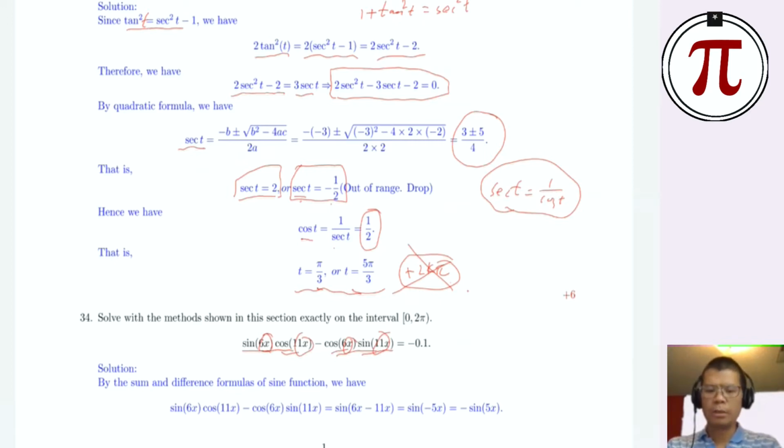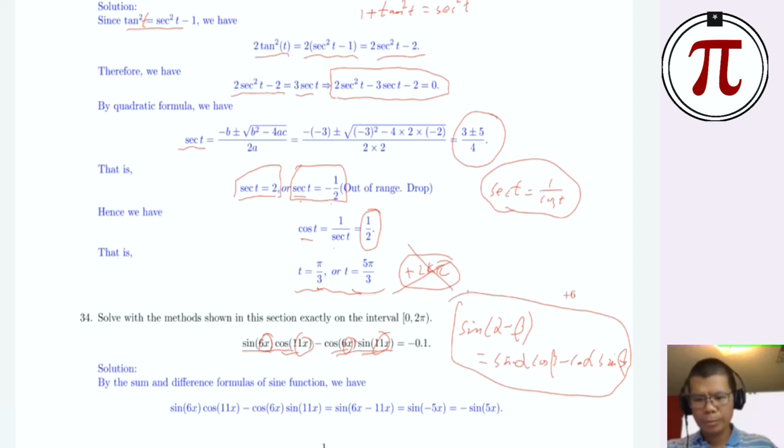So we're going to use the sum and difference formula for sines. As we know, sine of alpha minus beta, for this one is a difference, equals sine alpha cosine beta minus cosine alpha sine beta. This is the formula we use.